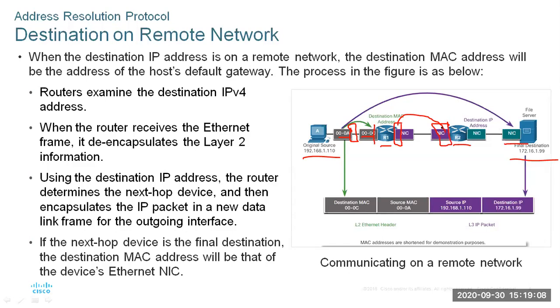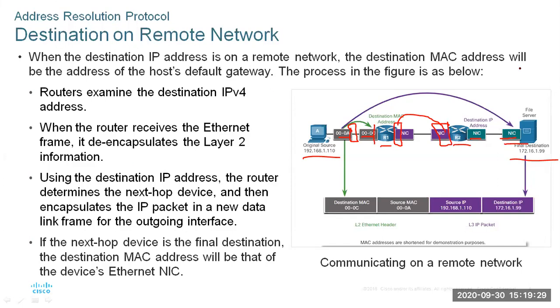Okay, so once the frame is forwarded here, there will be decapsulation, then there will be re-encapsulation again, then the new MAC address will be this guy here and this guy here. Now that is how it's going to be moving.